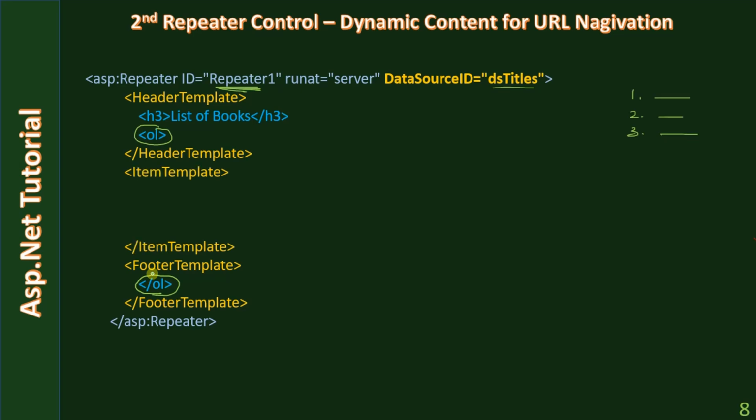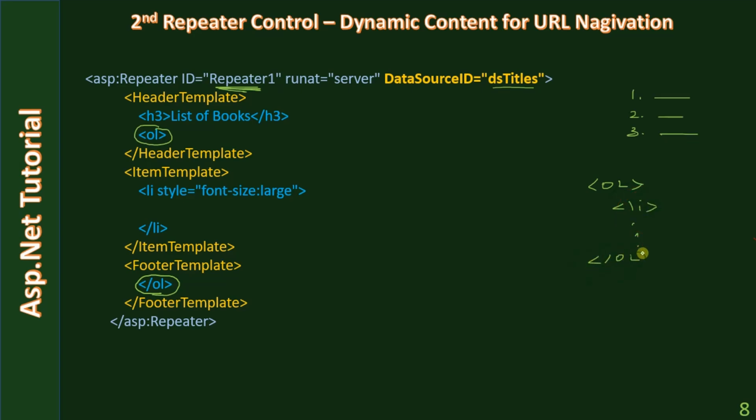Now, if you look at the item template, we set list style as OL, right? So these are all simple HTML. We have the OL tag, right? And inside OL, we can have multiple list items, right?